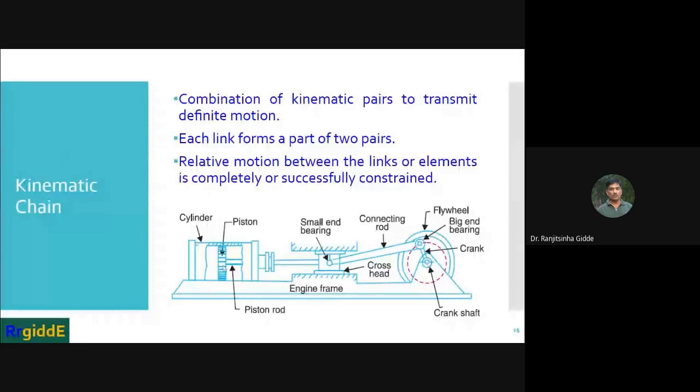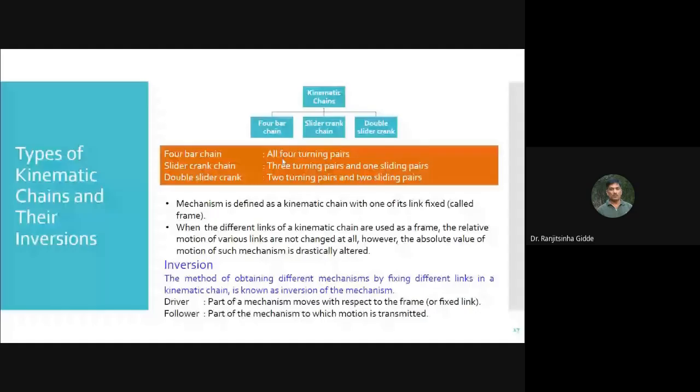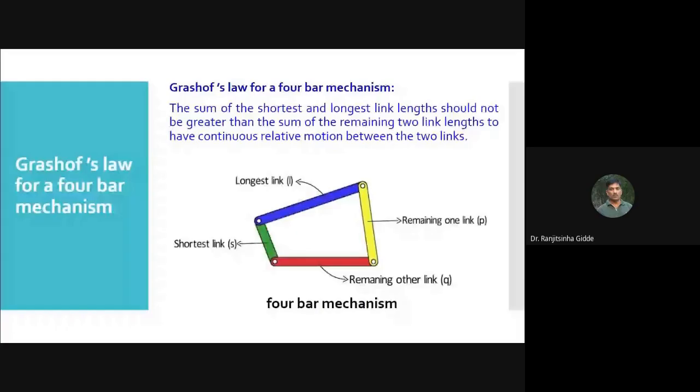This is the piston and the cylinder, there is a sliding pair. So with respect to this, if in a kinematic chain 4 turning pairs are used, then it is called a 4-bar chain.